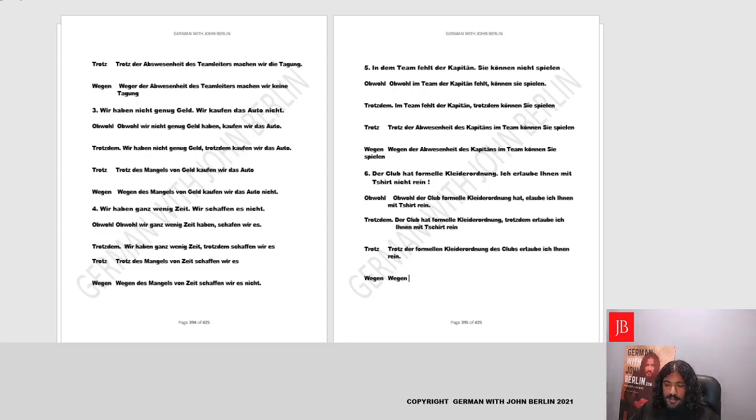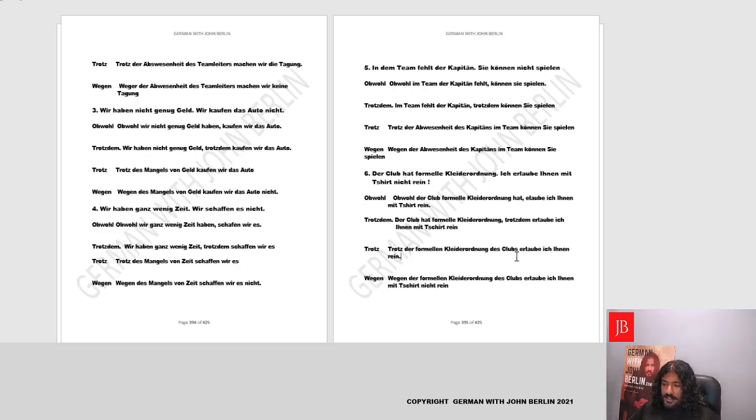So wegen der formellen Kleiderordnung des Clubs, yes, erlaube ich Ihnen mit T-Shirt nicht rein. Yes, I do not allow you with the T-Shirt inside.